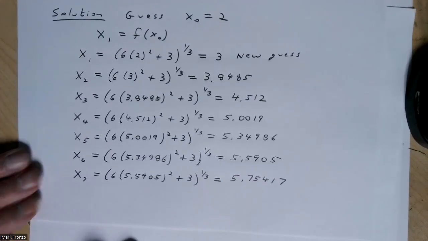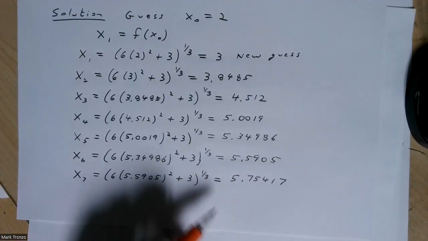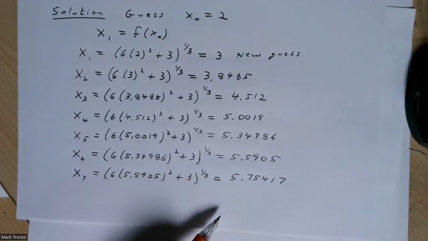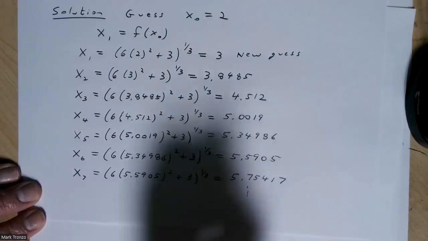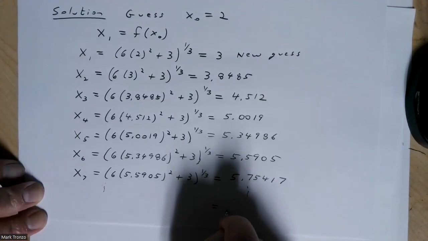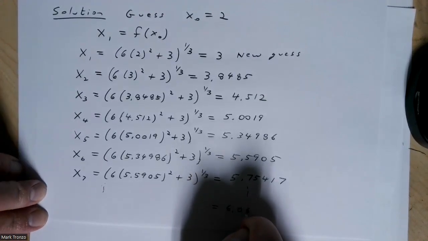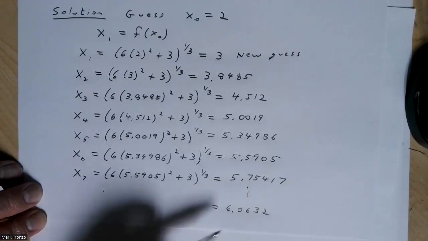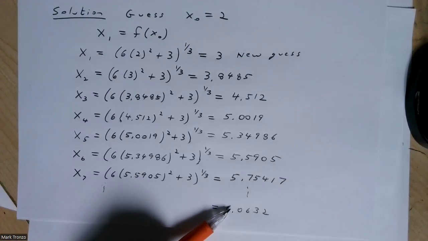Actually, it's going to take quite a few more steps, but it looks like I was getting it to converge down to about 6.0632. In other words, we're going to stop when we start repeating these numbers.